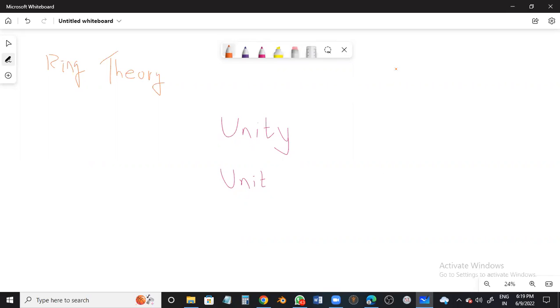See, you are in a ring. There are two operations defined, addition and multiplication. You know better, for addition, R is a group, and addition is commutative, so it's an abelian group that we all know. Means it has to have additive identity, additive inverse, etc. But that is not the case with multiplication.